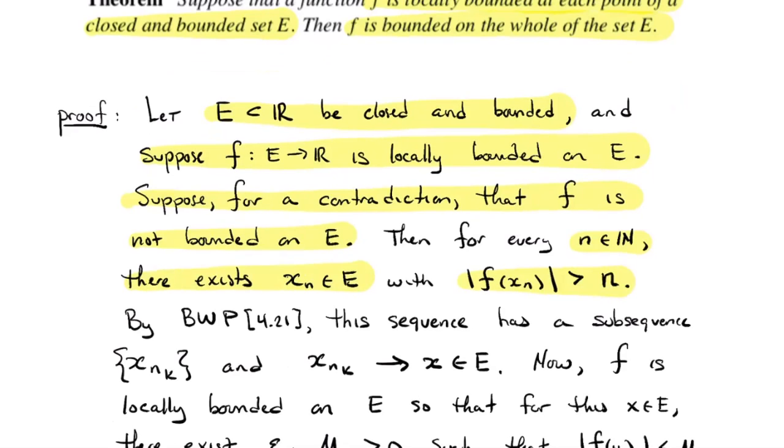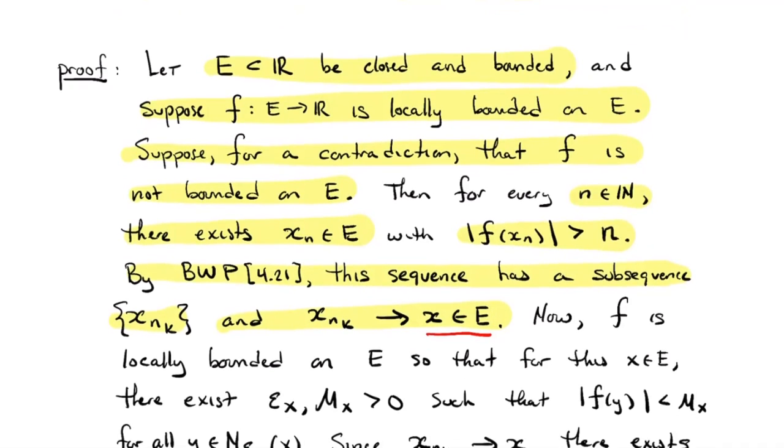That's because no natural number is an upper bound for this function's range. The function is unbounded. All right, so that generates a sequence, x sub n in E, and the Bolzano-Weierstrass property says that that sequence has some convergent subsequence, and it converges to a point in E.